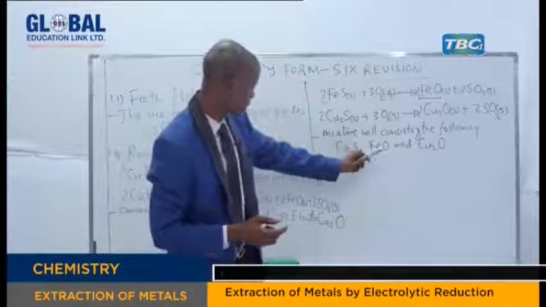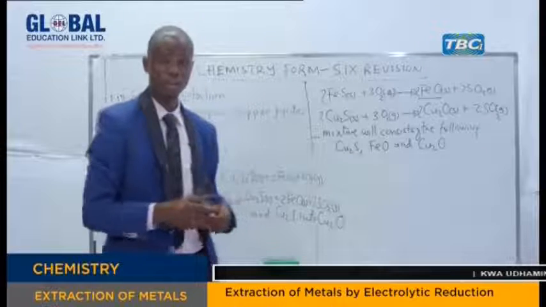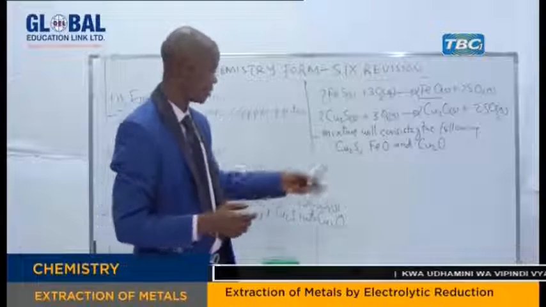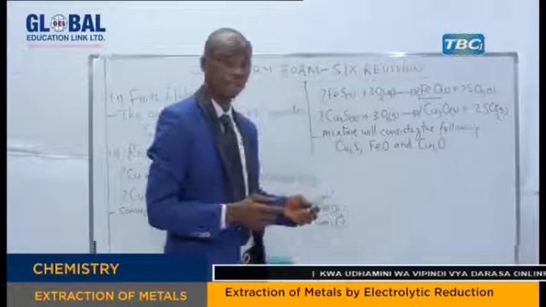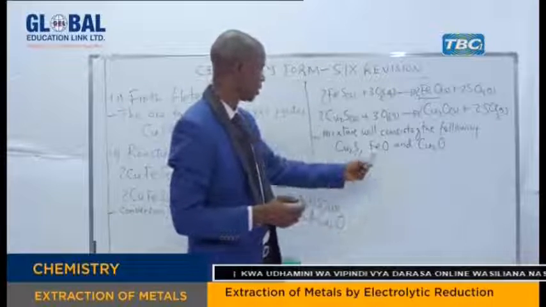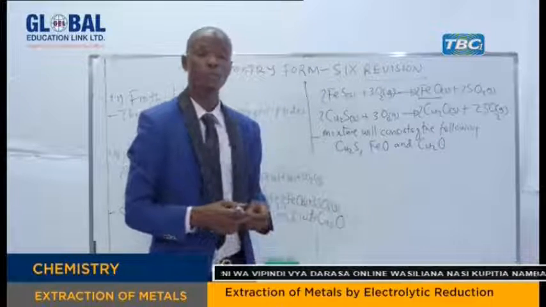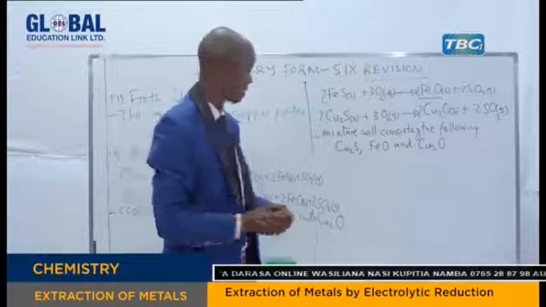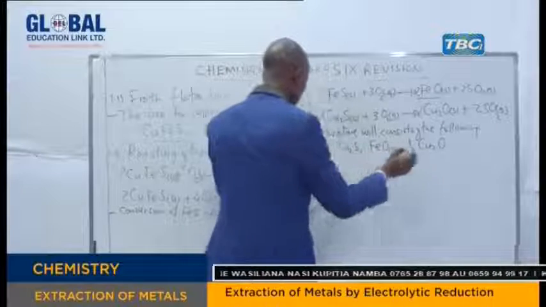Now we want to remove this impurity. It should be taken away. What are we going to do? We add silicon dioxide to this mixture. The silicon dioxide will react with this iron 2 oxide to form iron 2 silicate, which will be removed as a slag. So here, my dear students, it will be as follows.